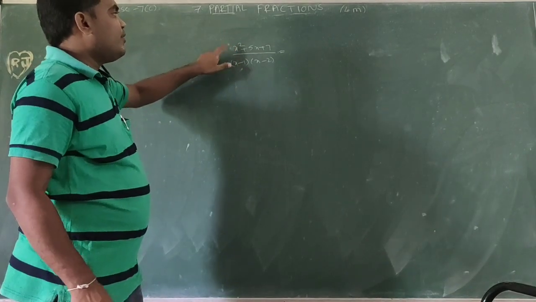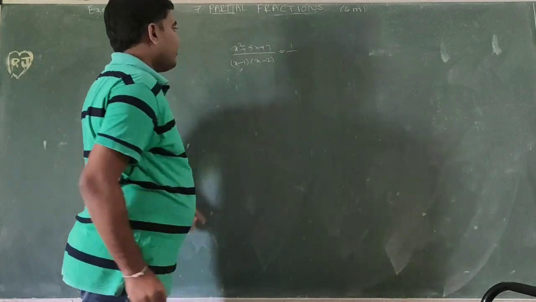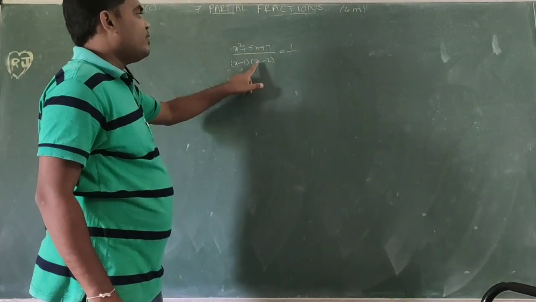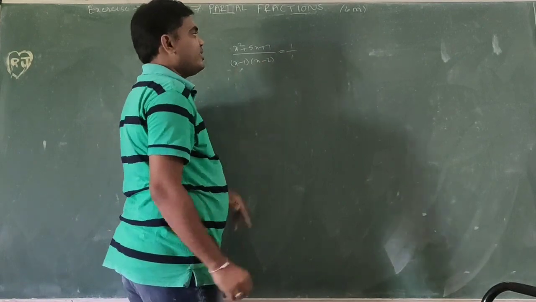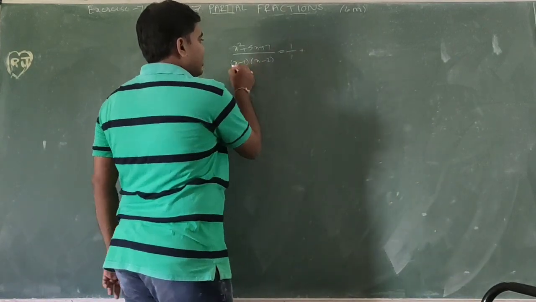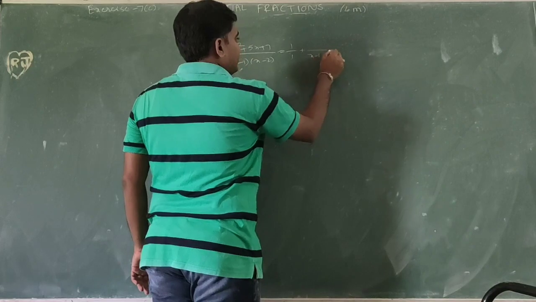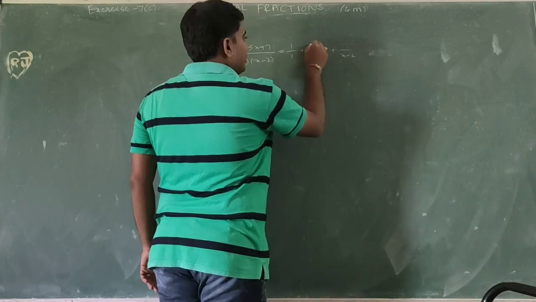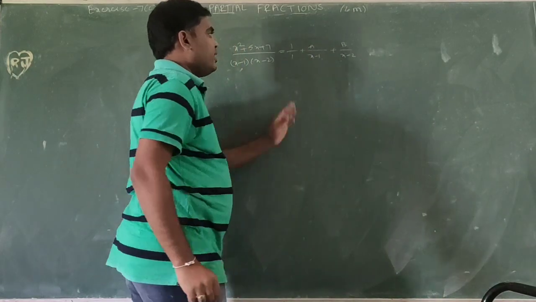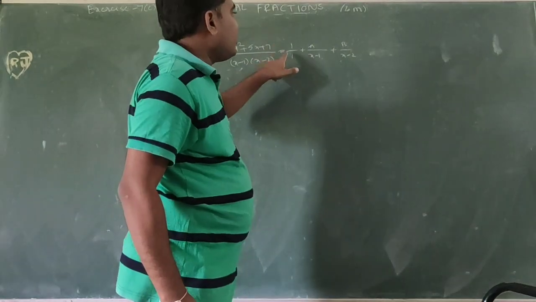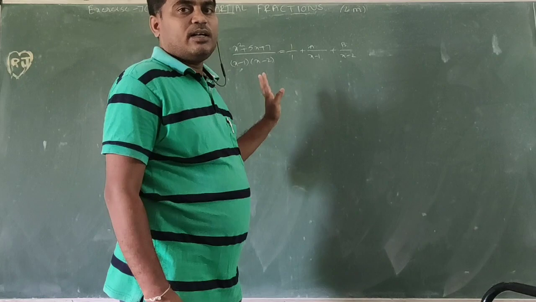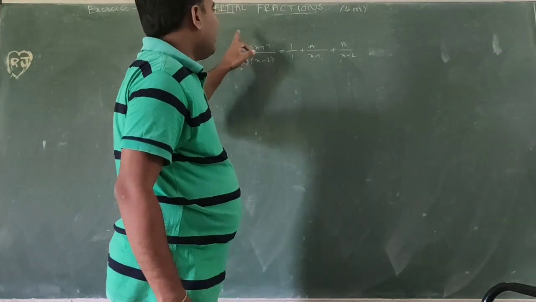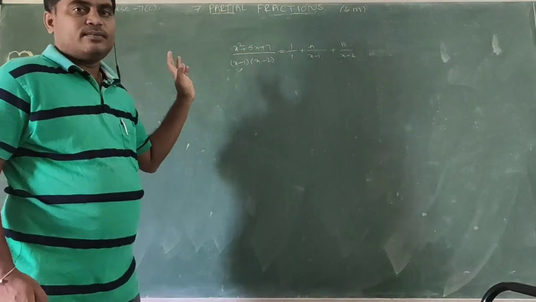What is its quotient? 1. By the highest power in the denominator, x into x square. What is its quotient? 1. So we should write like this: 1 plus a by the denominator x minus 1, b by the denominator x minus 2, and the remaining process is the same. We should keep this 1 only. If you forget to write this, it will go wrong. So we must do like this.